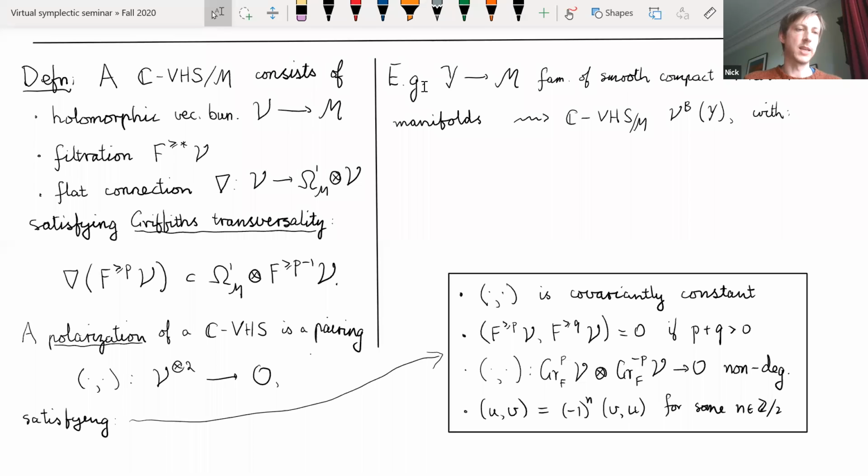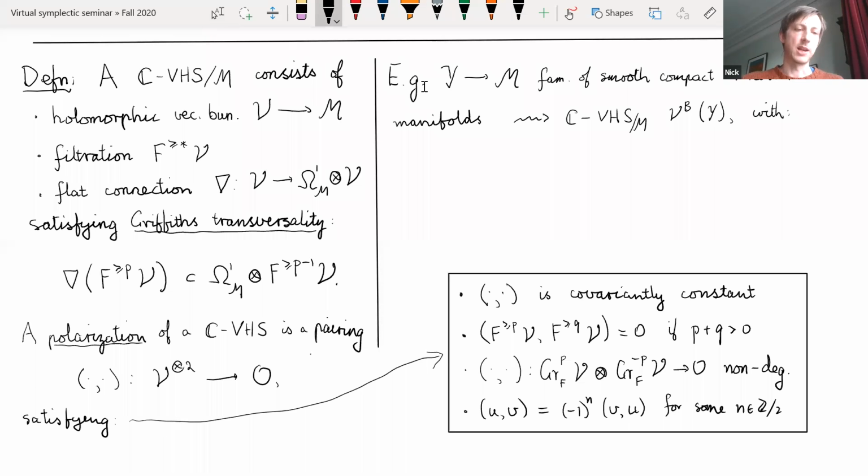These are required to satisfy Griffiths transversality. That's a condition that means the connection doesn't preserve the filtration, but only shifts it by 1. So it sends F^p into F^(p-1), just the next level up of the filtration.